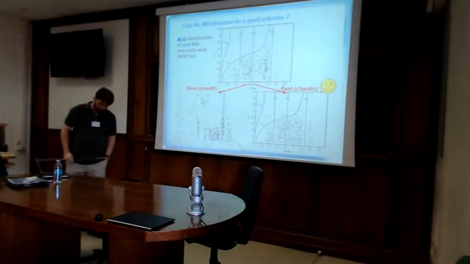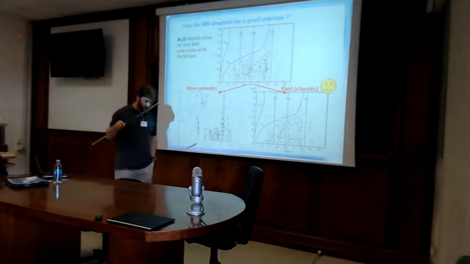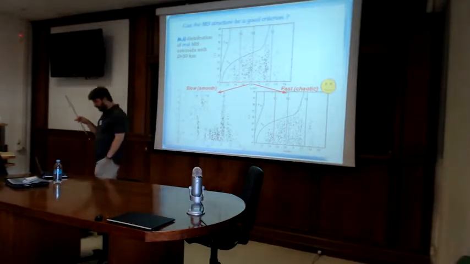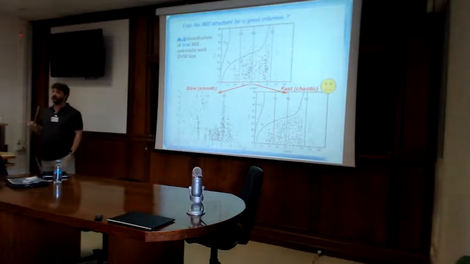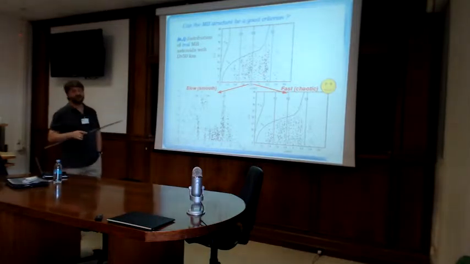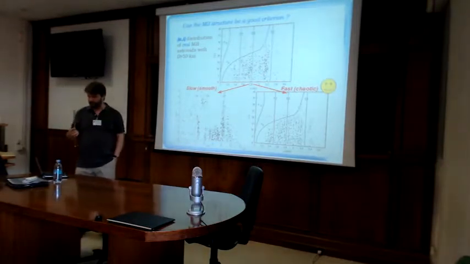Now, one can ask whether the distribution of asteroids that we see today can be a good criterion to discriminate between different types of population.